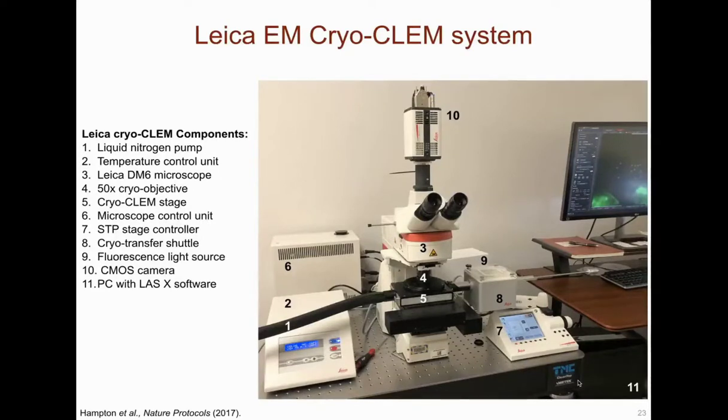The Leica Cryo-CLEM has 11 major components: the liquid nitrogen pump for cooling the cryo stage, the temperature control unit that regulates pump function and monitors system temperatures, the DM6 microscope, a 50x thermally isolated cryo objective, the Cryo-CLEM stage that supports loading and imaging of 2 samples, the overall microscope control unit, the stage control unit, the cryo transfer shuttle used for loading grids into the chuck and onto the Cryo-CLEM stage, a fluorescence light source, a CMOS or other type of camera, and the PC with the LASX and other software components.